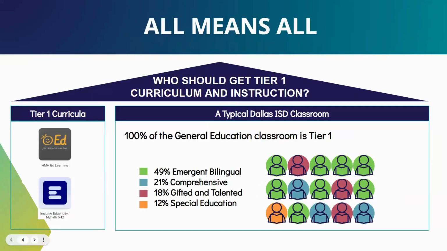In Dallas ISD, we believe that all means all, meaning that all of our students should receive Tier 1 instruction. And at the high school level, the Tier 1 district-approved curricular resources are HMH and Imagine Learning.